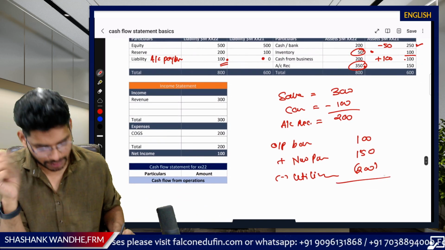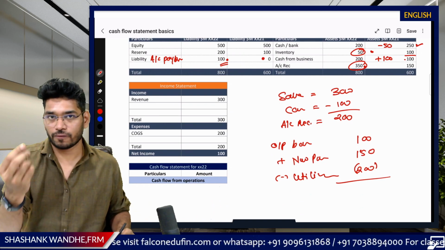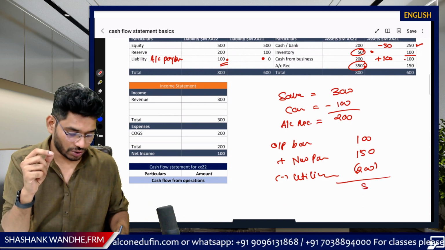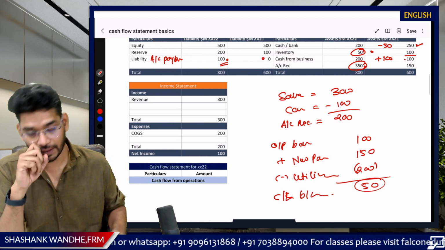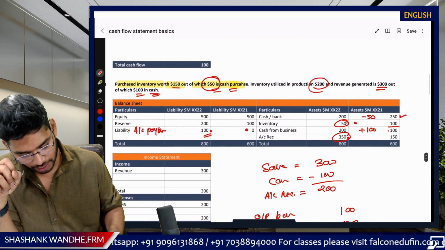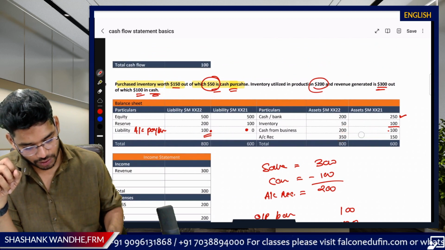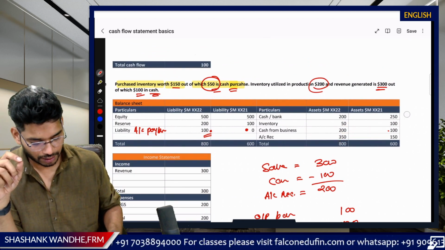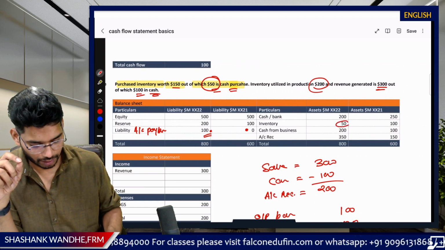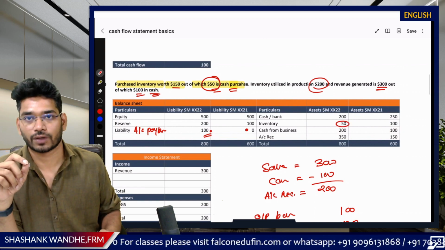If you solve this, 100 plus 150 is 250, minus 200 is 50. So your closing balance of inventory is 50, and this is showing in the inventory account, right? So inventory left is simply 50. Got it?